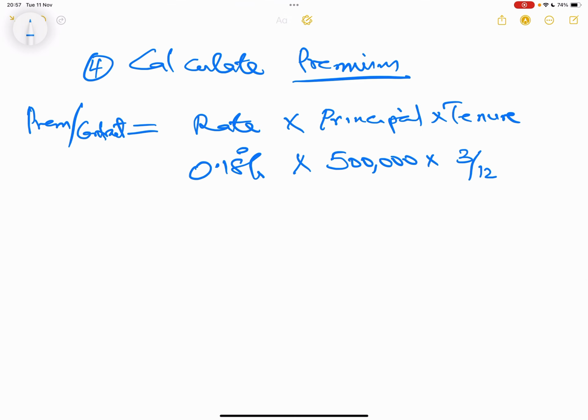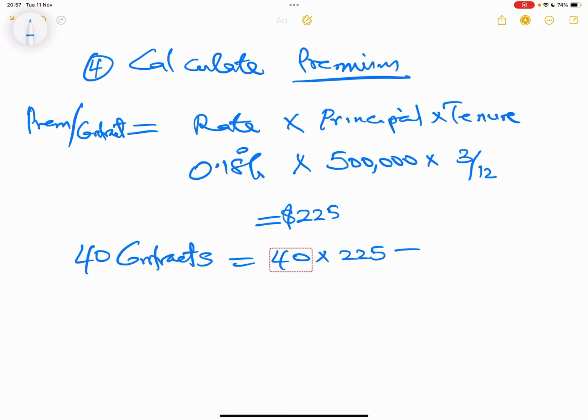And if you look into that quickly on the calculator, this will give us $225. But we know definitely that we have 40 contracts. So if that's for one contract, 40 contracts will be 40 times 225, which is equals to $9,000. Simple, easy. That's the premium.